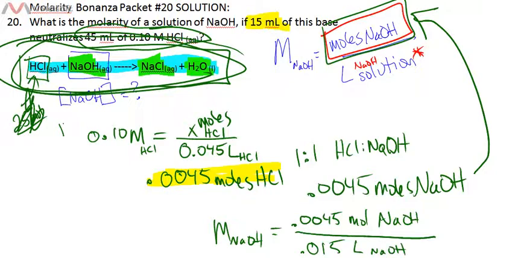So that should give you the answer, which is 0.0045 divided by 0.015. So I get that the concentration of sodium hydroxide in that initial solution is 0.30 molar.